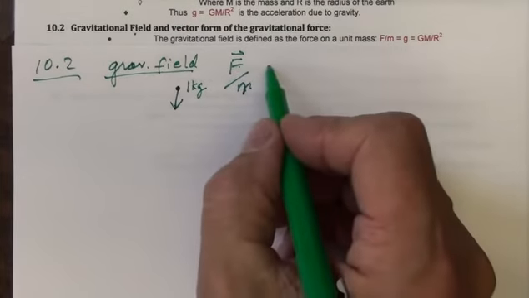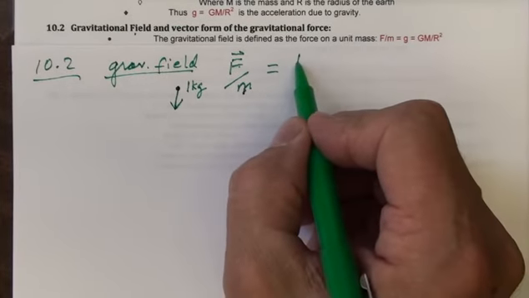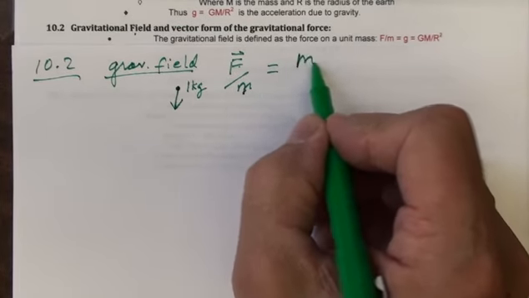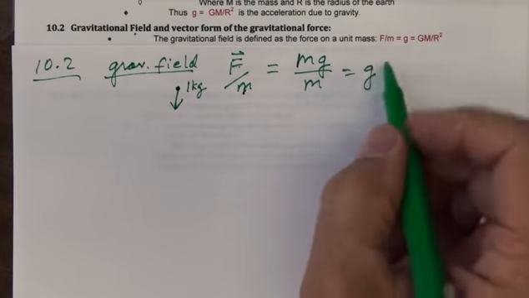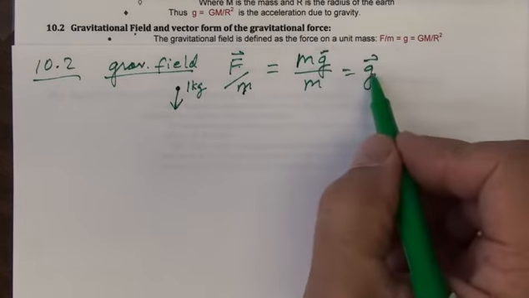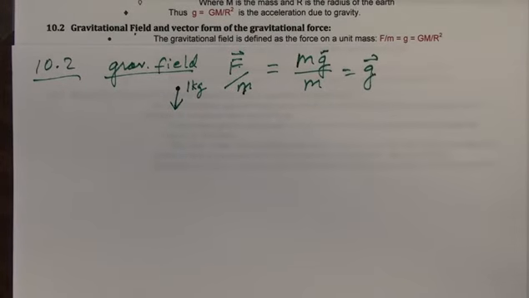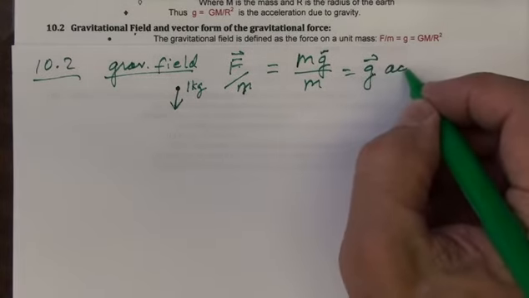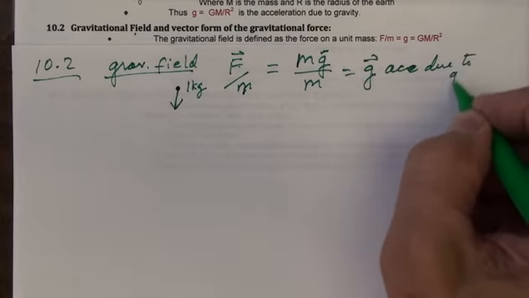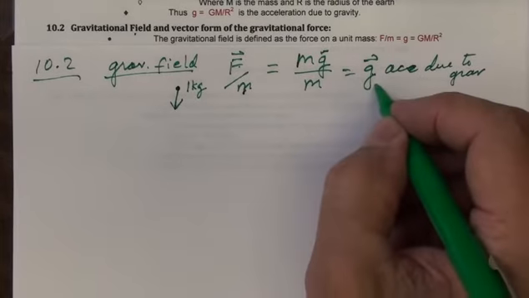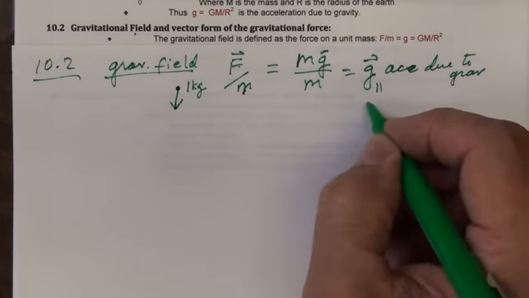And you can see from this that near the surface of the Earth, since F is equal to mg, when we divide that by m, we simply get g. So the vector g, the acceleration due to gravity, is in fact the same as the gravitational field.